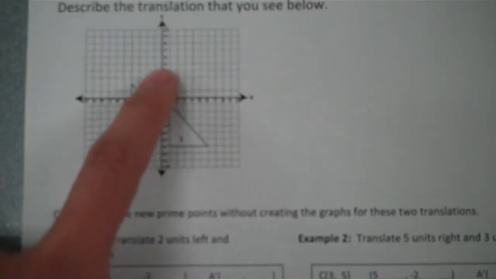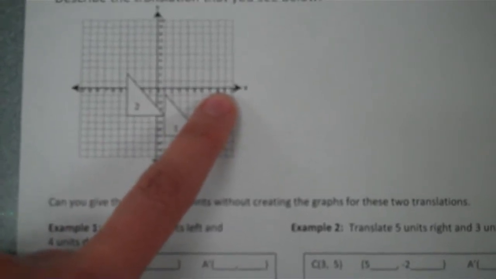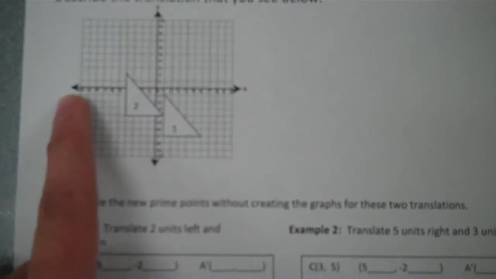So if you're going to move your shape up, you're going to add. Down, you subtract. Same thing for the x-axis. If you move to the right, it's positive, so you add to the x value. If you're moving to the left, it's negative, so you're going to subtract from the x value. Go ahead and pause a moment and see if you can answer the two questions at the bottom.